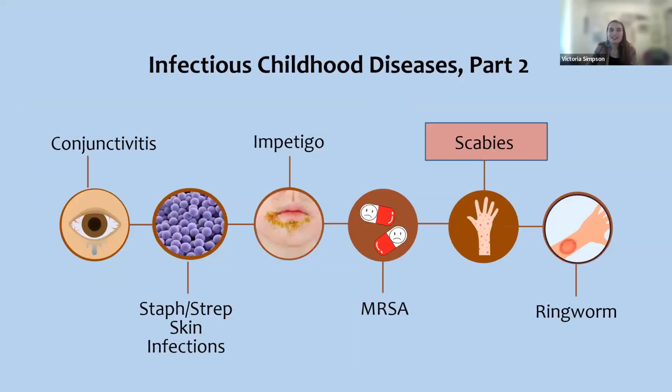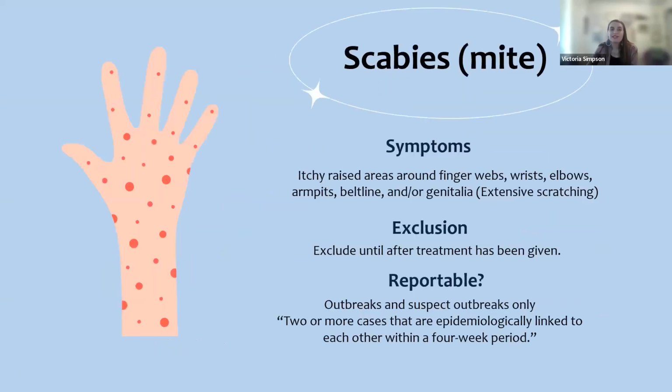So now let's move on and talk about scabies. Scabies is a parasitic infestation of the skin caused by a human itch mite, and it's transmitted person to person, usually through direct contact. An individual may have scabies if they have itchy raised patches or burrows on their body. Individuals with scabies should be excluded until after their topical treatment has been given.